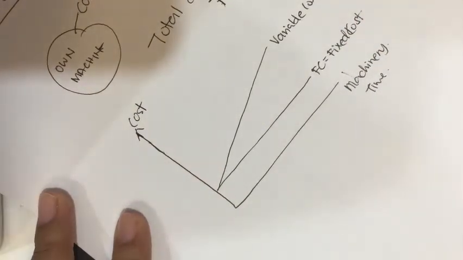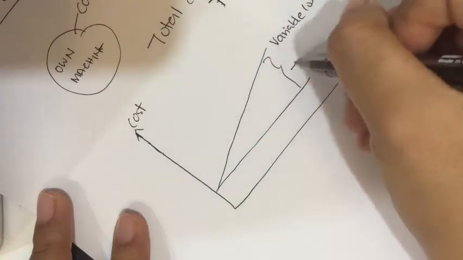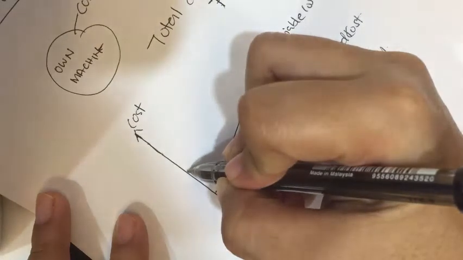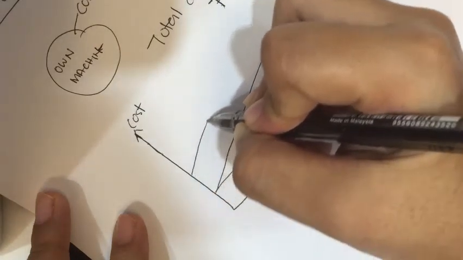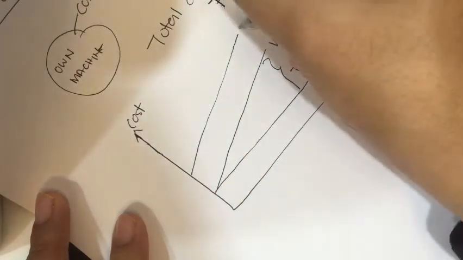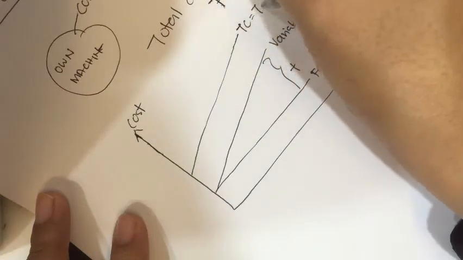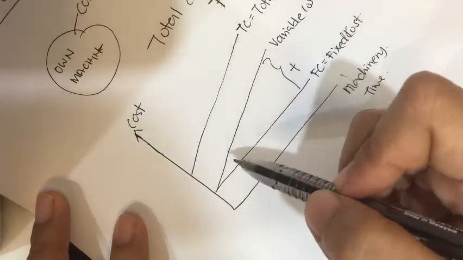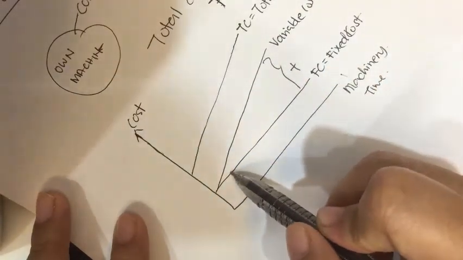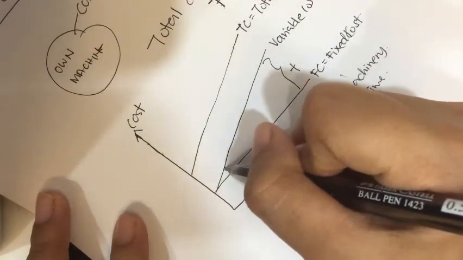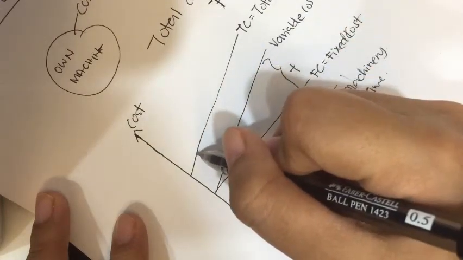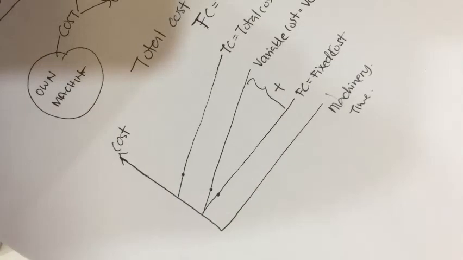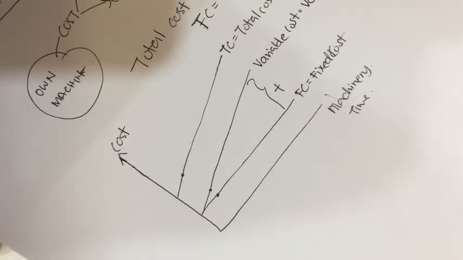Summing up these two will produce the graph of the total cost, because it is the addition of the fixed cost at this point plus the variable cost at this point, which produces this point. This is what we call the graph of the machinery cost.